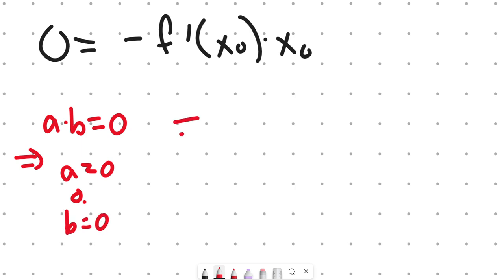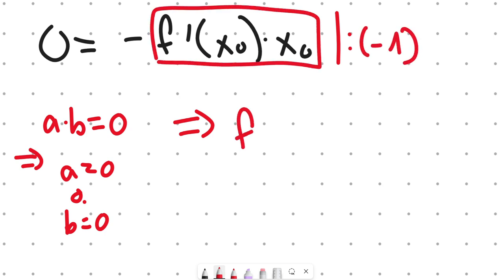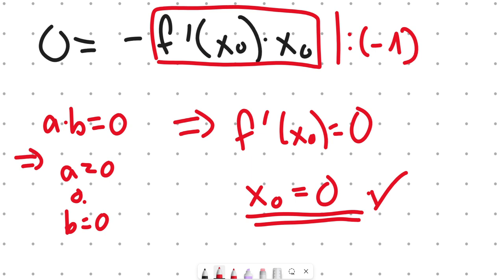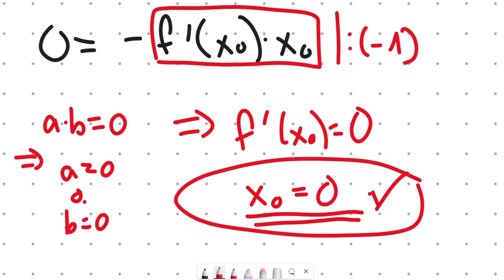So if we divide everything by minus 1, we have f prime of x naught is equal to 0 or x naught is equal to 0. The x naught case is obvious, because if we take a point x naught equal to 0 and n equal to 0, then this is just valid. But the more valuable thing is not this one, it is the other one.